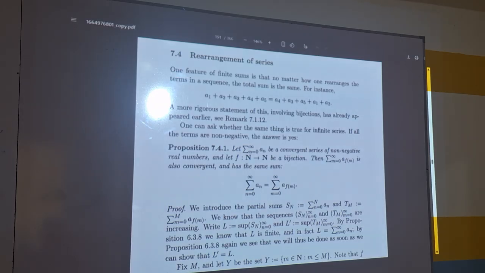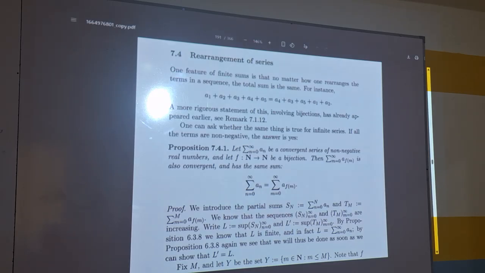But this theorem on page 174 says something interesting. Let sigma a_n be a convergent series of non-negative real numbers, and let f from N to N be a bijection. Then the sum over m from 0 to infinity of a_f(m) is also convergent and has the same sum.